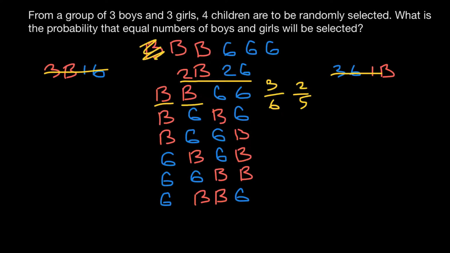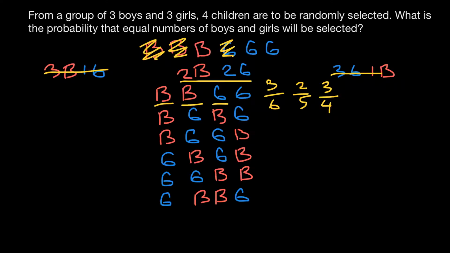And next we have to choose a girl, and the probability to choose a girl would be, as you see, we're choosing out of 4 children, 3 of them are girls. So the probability to choose a girl would be 3 out of 4.